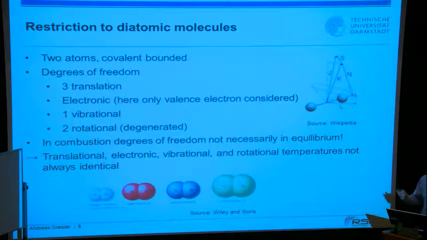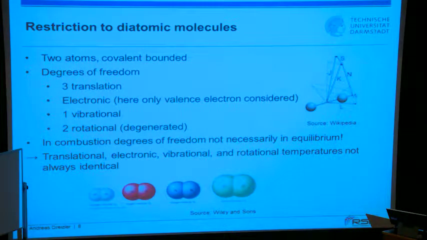I think it's clear that you have only 1 degree of freedom in terms of vibration for a diatomic molecule. Why do you have only 2 degrees of rotation? Any idea? So if this is the molecule, the atoms are in line, and we assume that the masses are point masses and are primarily in the nuclei, and that means you have no inertia in this direction, and that means you have no rotation.